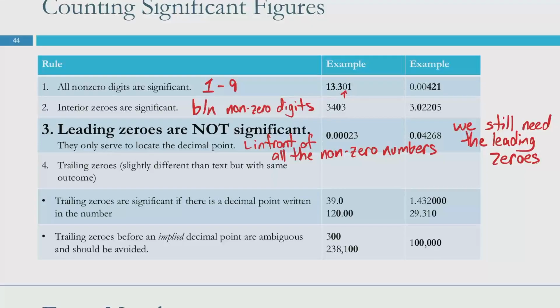Other examples, sometimes I would write like this 120. If it just had 3 significant figures, we could also write 120 period or decimal place, and that would also be a significant zero. And some instructors go different ways about implied decimal points, which is the next point.